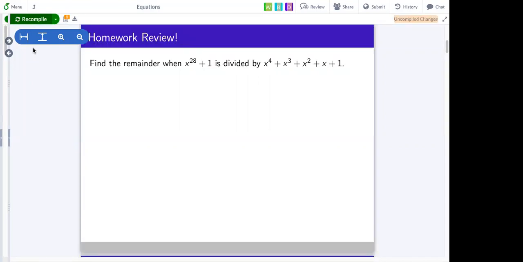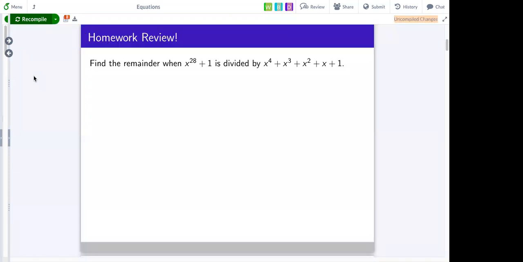So we want the remainder when x to the 28th plus 1 is divided by (x to the 5th minus 1) over (x minus 1). Okay, small sign.